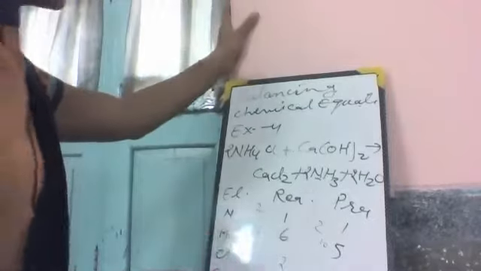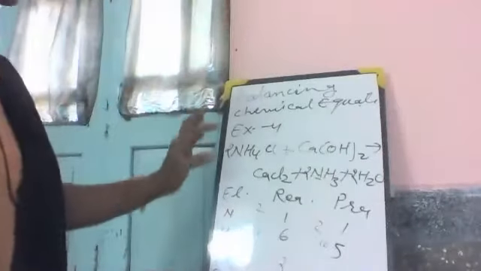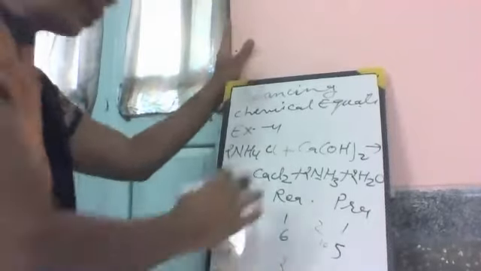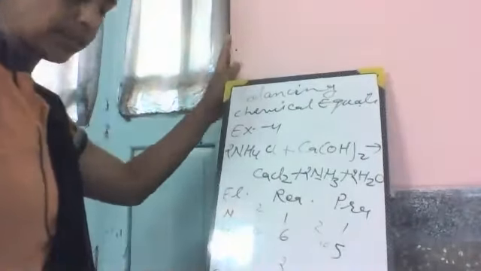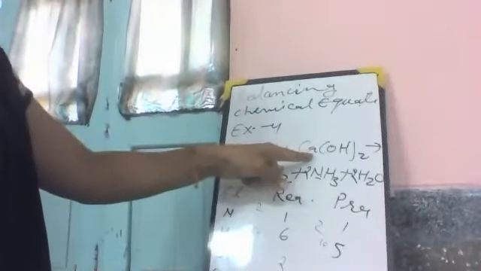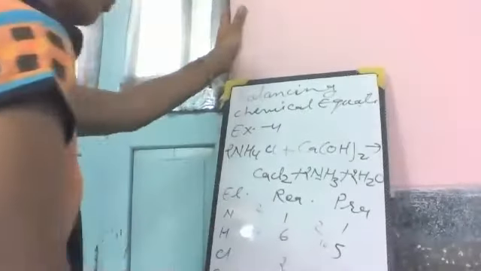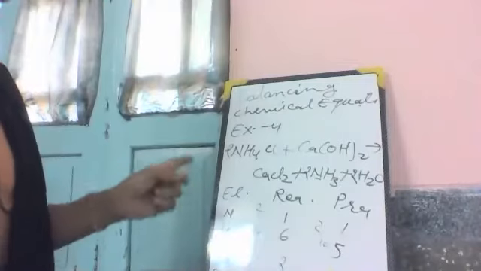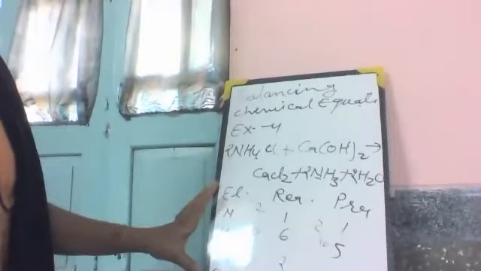Oxygen is 2 and 2. The balanced equation for this is: twice NH4Cl, Ca(OH)2, CaCl2, twice NH3 and twice H2O. The numbers are now equal in reactant and product, both conditions.